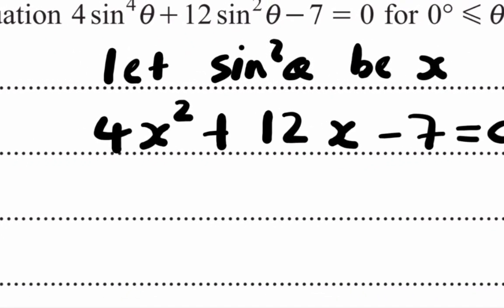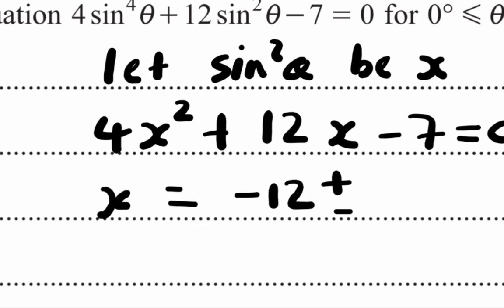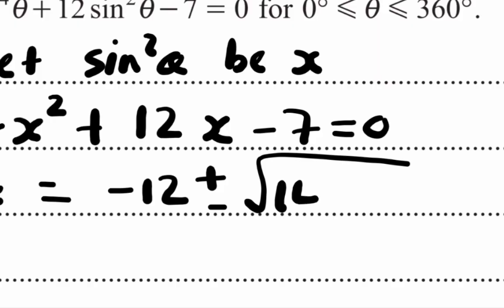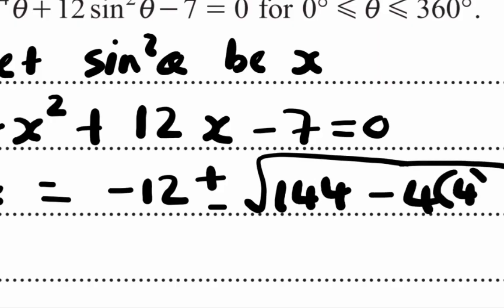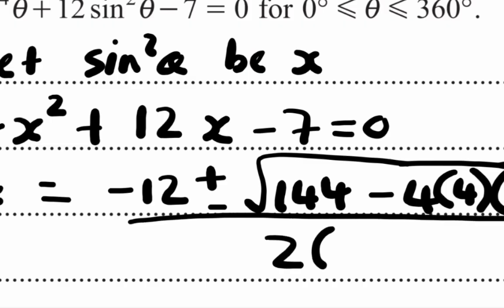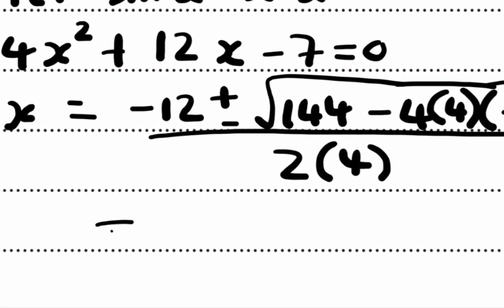So to solve this, we can use the quadratic formula. So x will be equal to minus 12 plus or minus the root of 144 minus 4, where our a is 4 and our c is minus 7, all over 2a, which is 8.